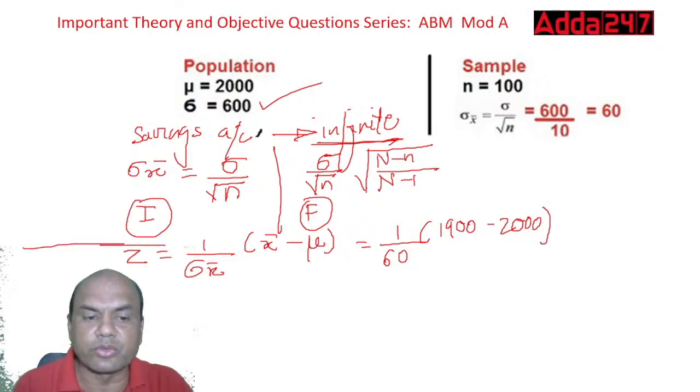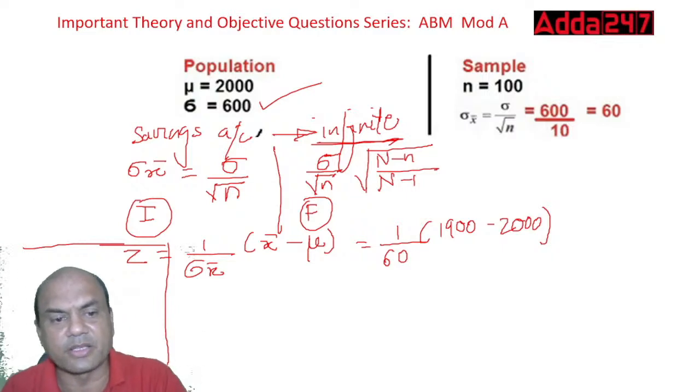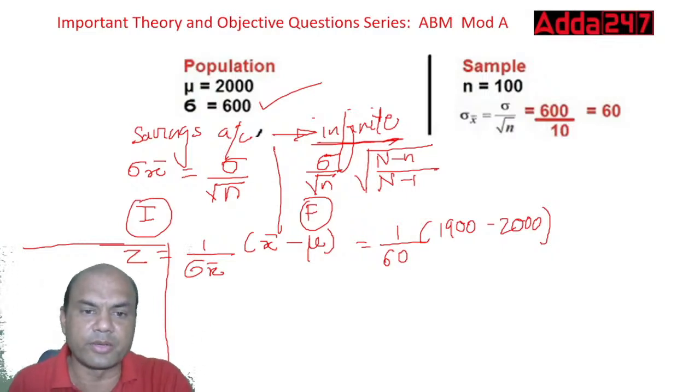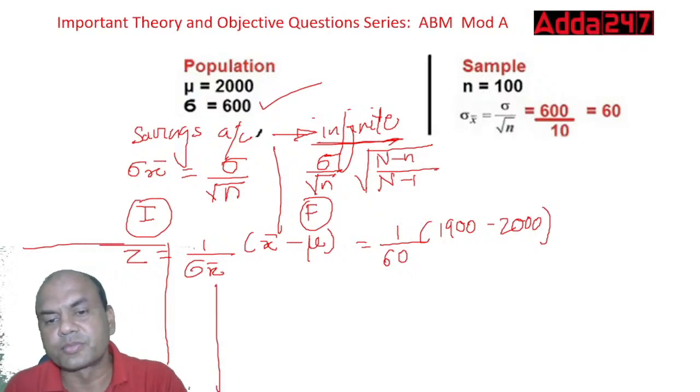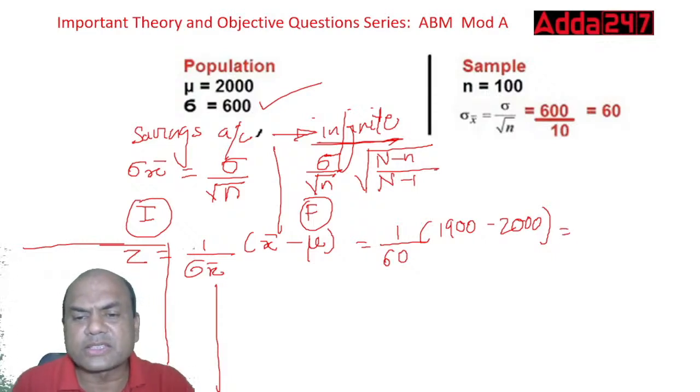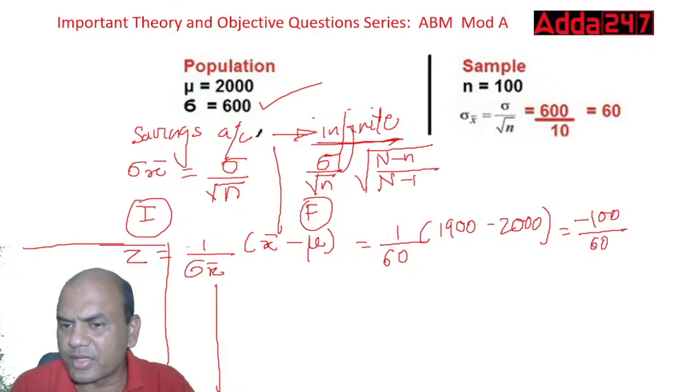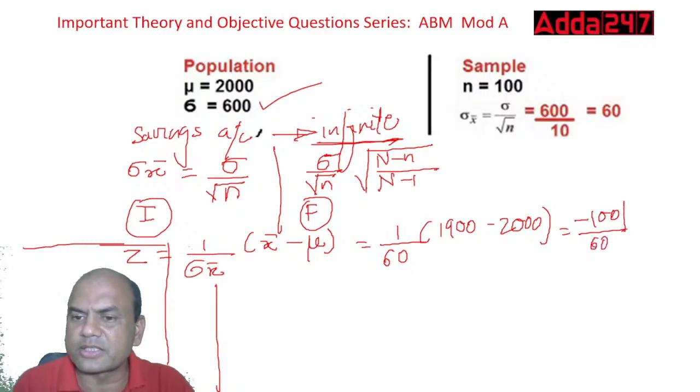Are you able to see this? Yeah, you are able to see this. Okay, I'll draw a line over here so that I won't write anything over here. Ignore the signs here. It is minus 100 upon 60. Minus sign is okay. You will take this as modulus. So it is 100 upon 60.